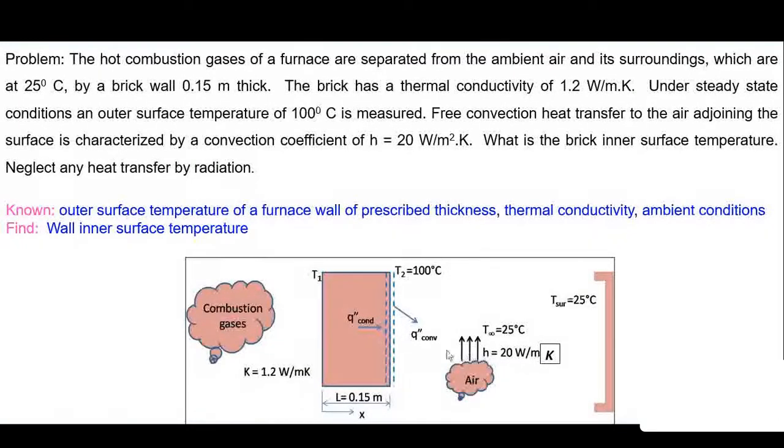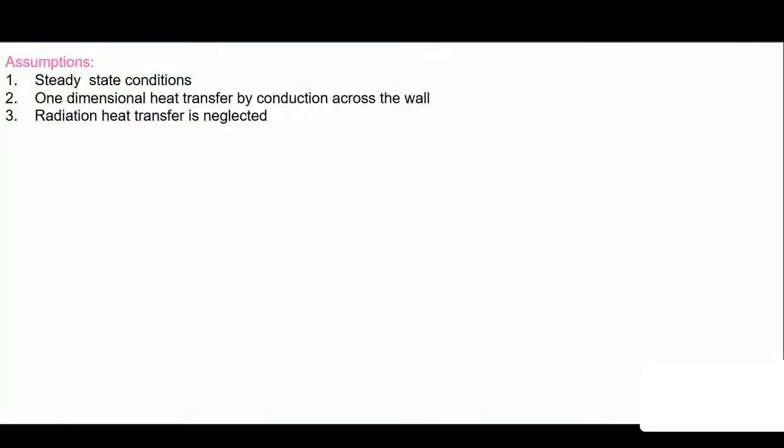Now under this situation, in the steady condition, the heat flux by conduction through the wall must be equal to the heat flux by convection at the outer surface. So knowing all the dimensions, we can simplify this problem by using these assumptions: steady state conduction, one dimensional heat transfer, and radiation heat transfer is neglected.